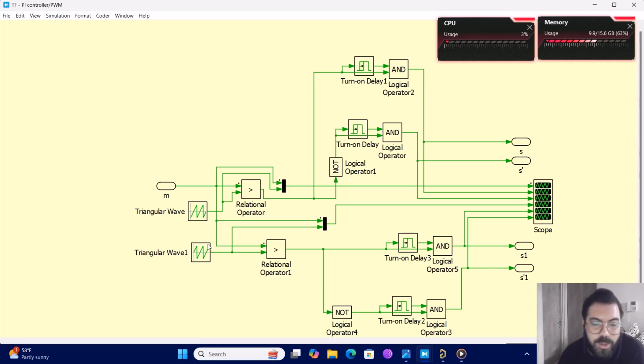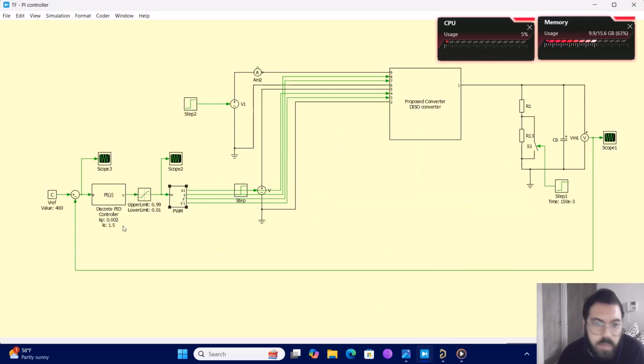So I used two stages, so I need a 180-degree phase shift between my two stages. And the voltage reference is about 400 volts, and it's going to this PI controller, and I have the limiter, and that's it.